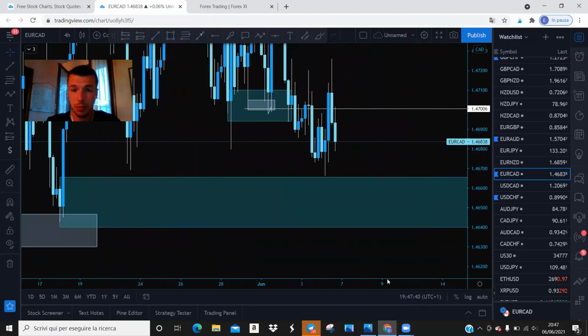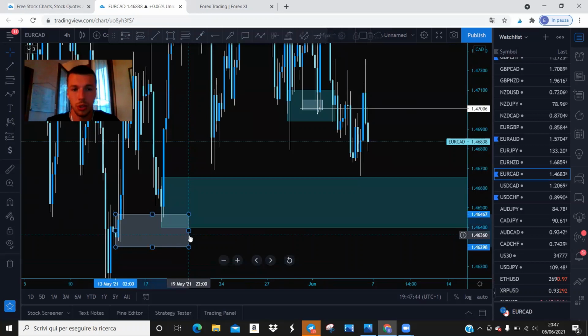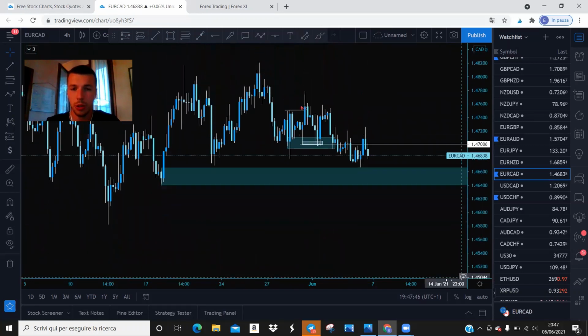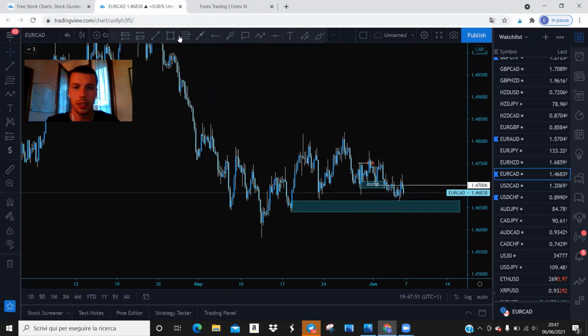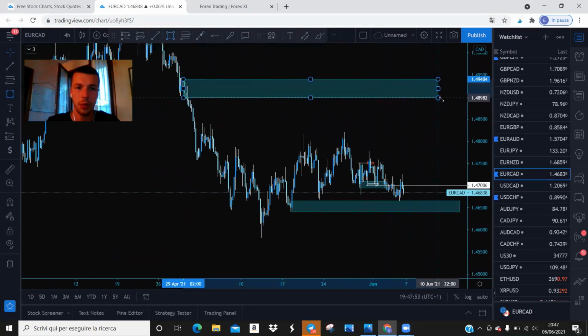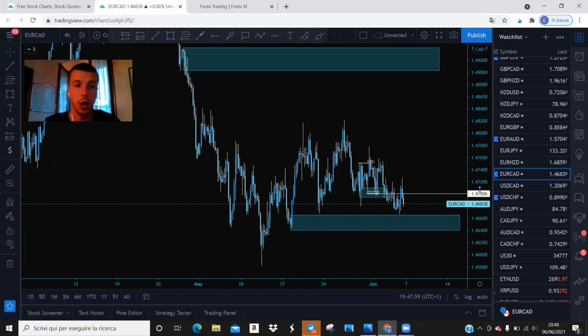So I would say it is a very good moment to start thinking about some buys on EUR/CAD. And this could actually be a swing trade because we could be targeting some new highs at these areas right here. So we could be targeting 1.49, which is about 200 pips.